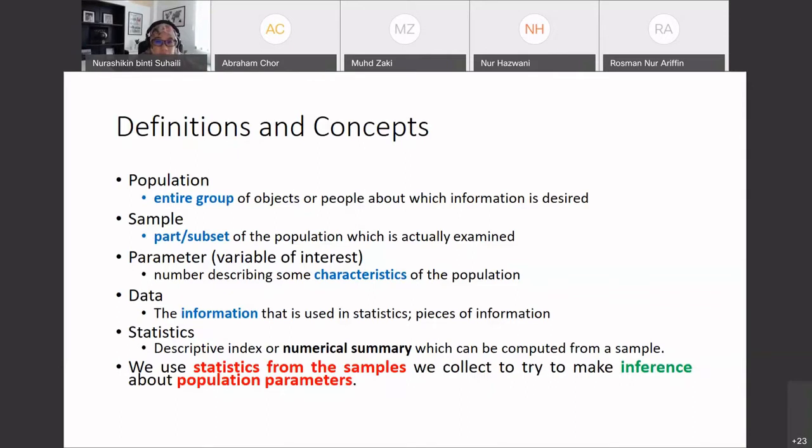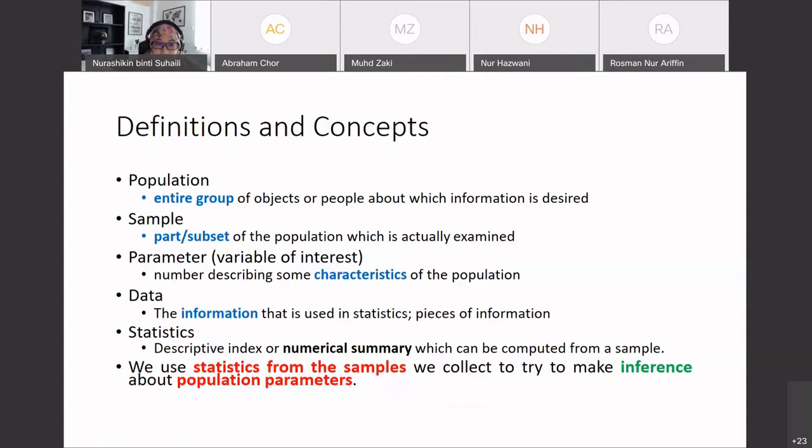Okay, and then parameter. Parameter is also termed as variable of interest. So what is parameter? Parameter is the thing that you investigate. For example, let's say I want to look for something simple, like the number of hours adult students spend on internet.